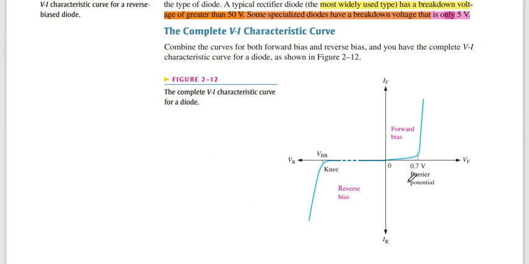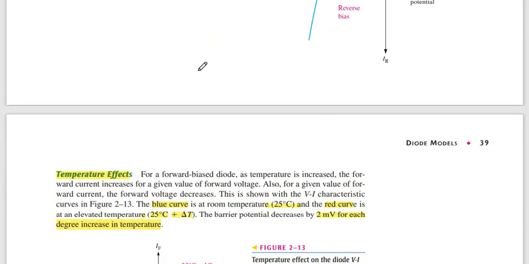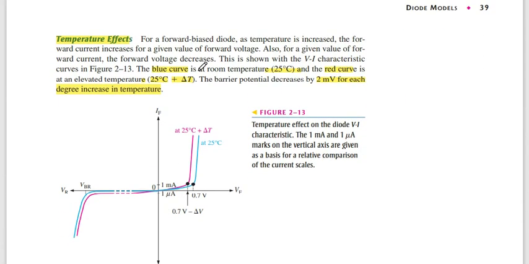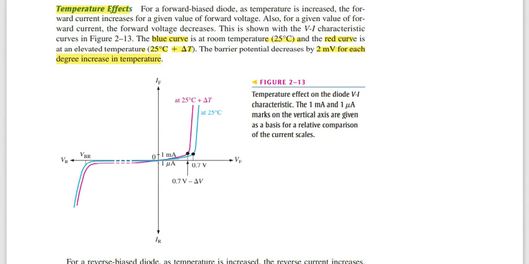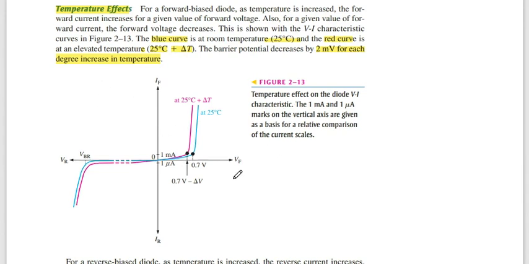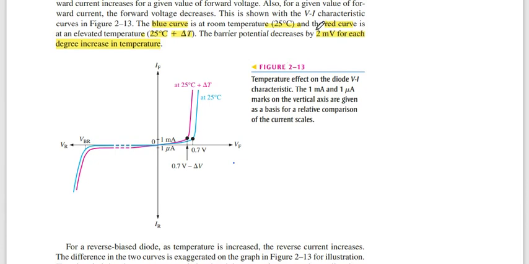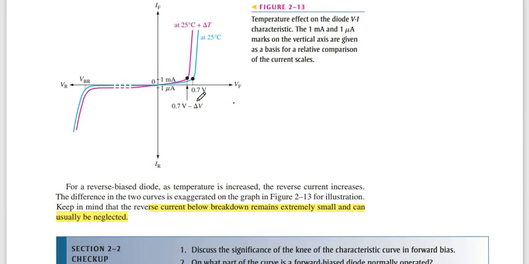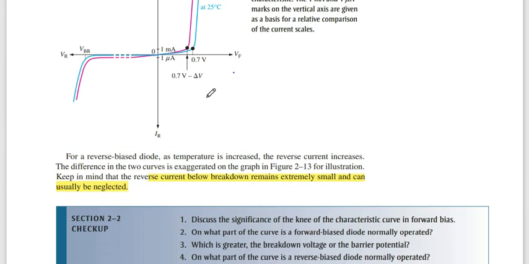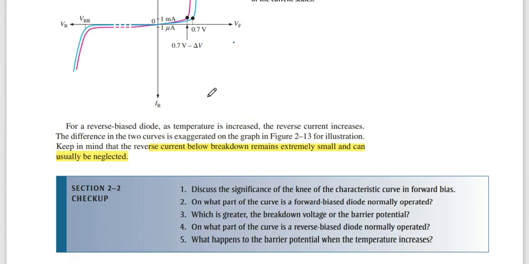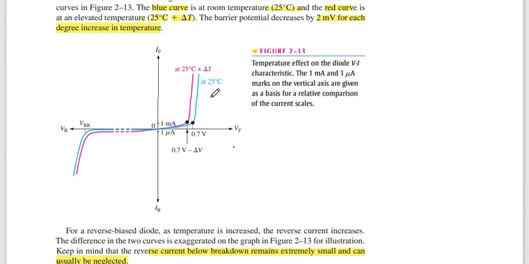It mentions 0.7 here, same as I mentioned above. There is a temperature effect. Here we see that 2 millivolts decrease as the temperature in degrees increases. Difference between these temperatures.